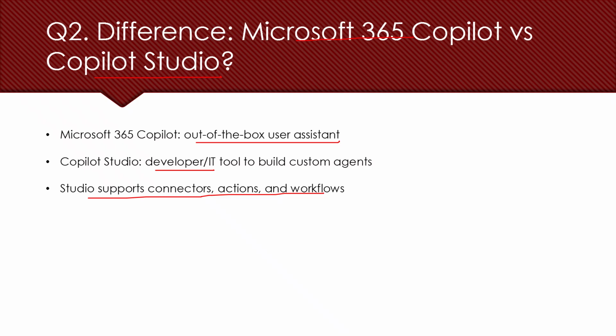We can tune the prompts and grounding strategies, and it will also work with channels like Teams or Power Apps. Let's say if we want an assistant tailored to an HR process, IT ticketing, or domain-specific knowledge, you can build it in Copilot Studio.